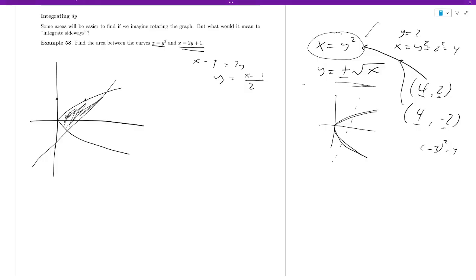And in particular, it'd be really cool to say, well, let's just integrate dy, with respect to y, meaning between these two points, I move along the y-axis from here up to here, and all along that y-axis I count up slices. What slices do I count?